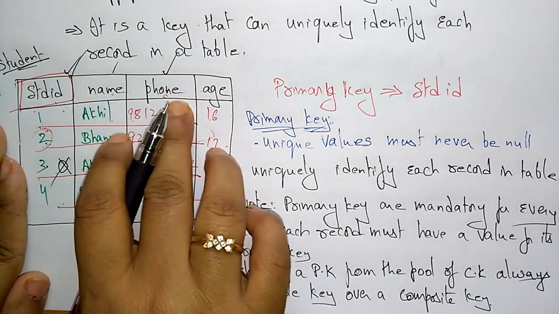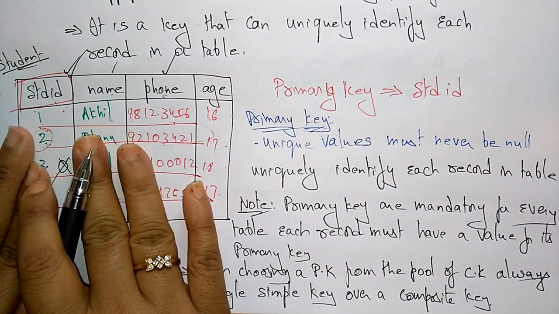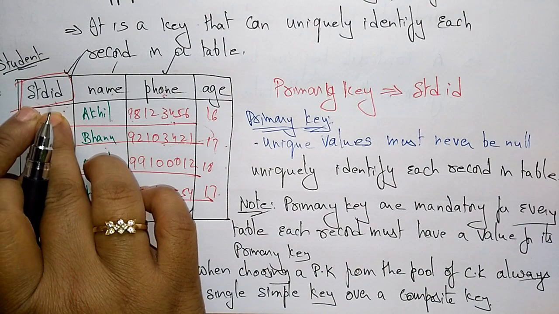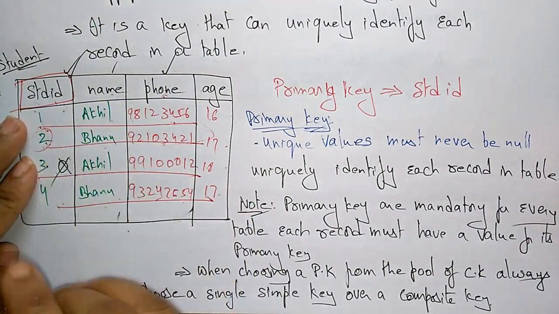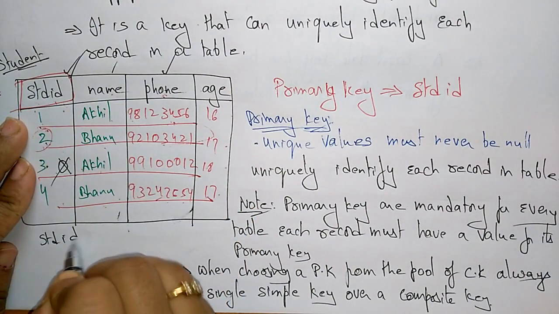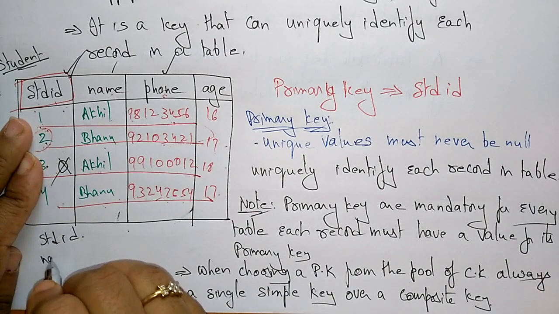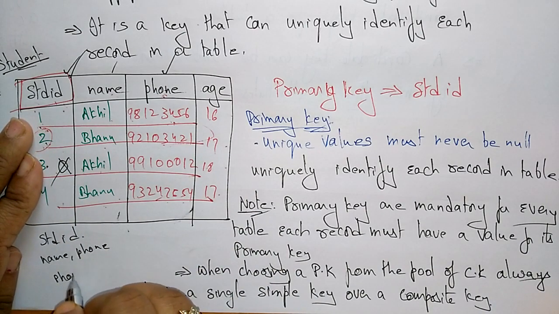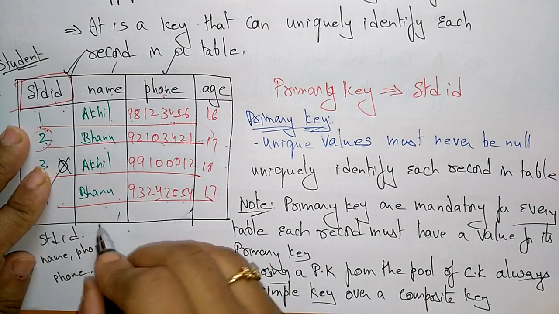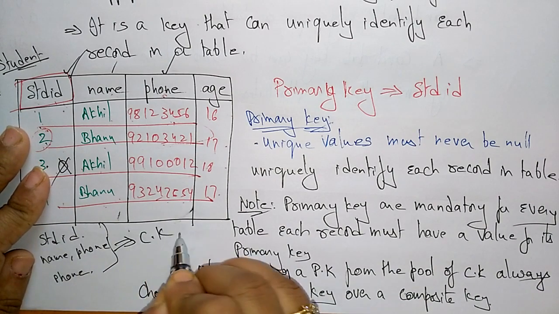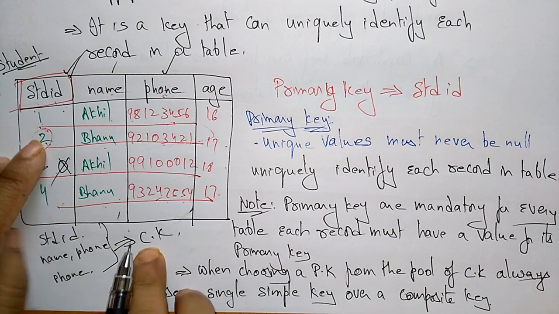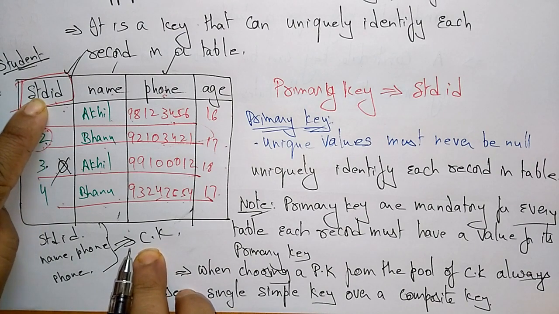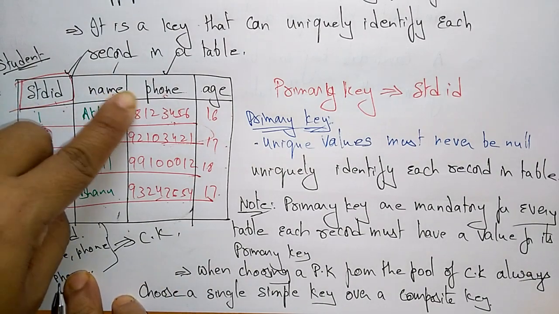So this is a table. In this table you have student ID. If you discuss the candidate key, student ID is one candidate key, or you can take name and phone number as one candidate key, or simply take the phone number as a candidate key. These are all candidate keys. Why am I saying a candidate key is a single or minimum set of attributes?